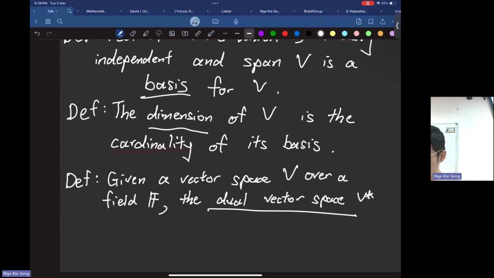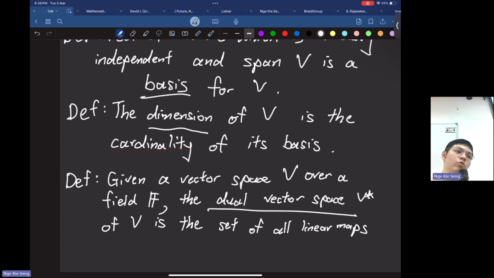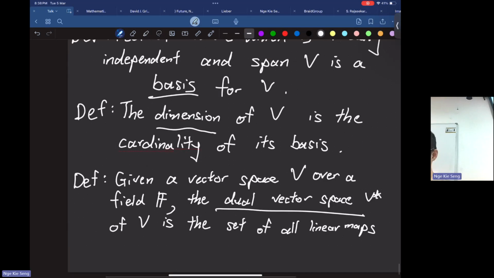V star, the dual of V, is the set of all linear maps. I haven't told you what a linear map is, so let's keep this as a black box first, and later I come back to it.